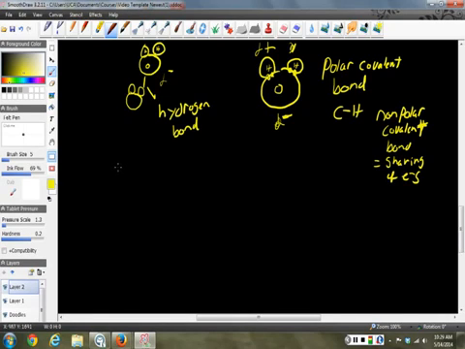Okay. For example, some of the properties of water, and you can read about these. Properties of water are going to be high specific heat. Sorry, that looks horrible. High specific heat, which means it takes a lot of energy to warm up water, and it takes a lot of loss of energy to cool off water.